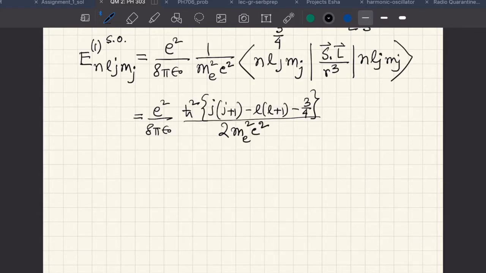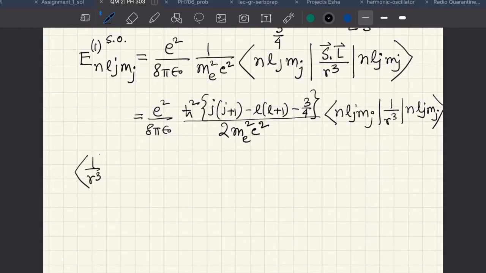So we have simply put this expression of the eigenvalue here, because S dot L acting on n, l, j, mj is going to give me this number. Then what remains is n, l, j, mj, 1 by r cube, n, l, j, mj. So we need to figure out this expectation value of 1 by r cube.